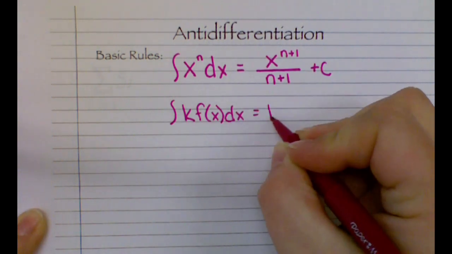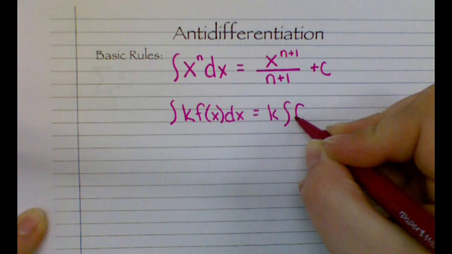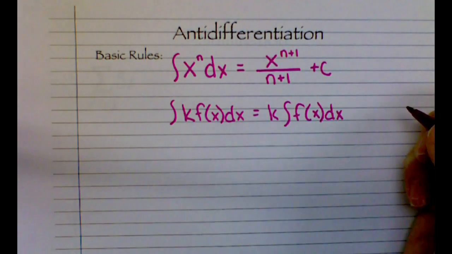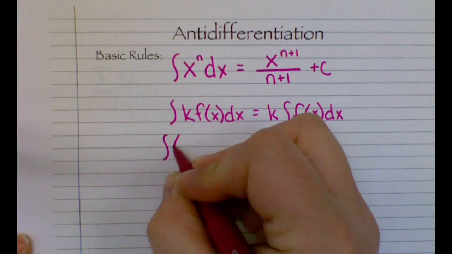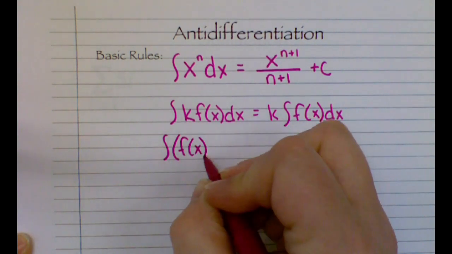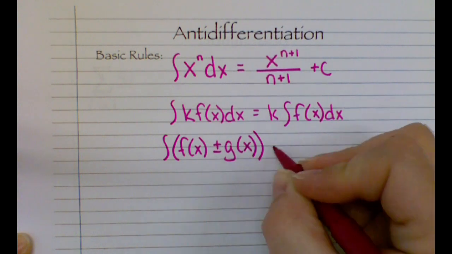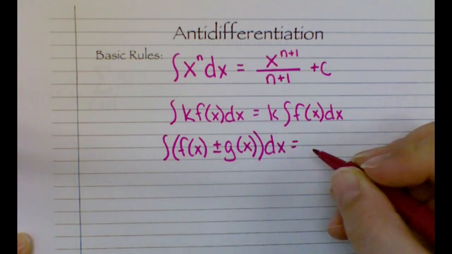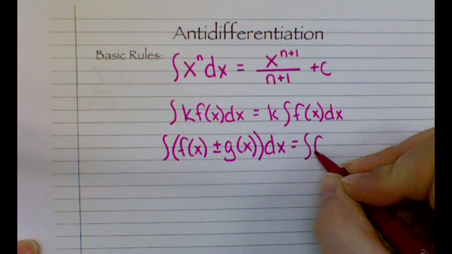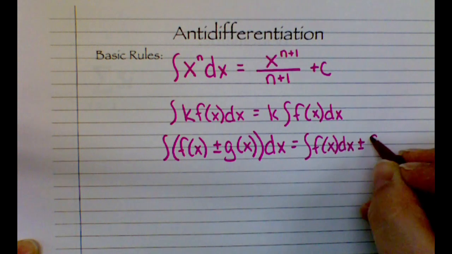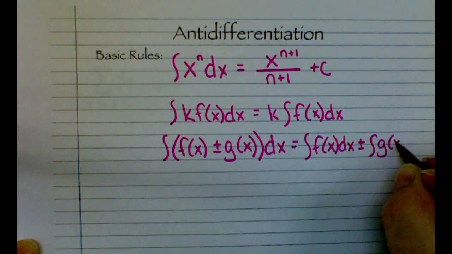Remember that you can just take that constant out front and then find the antiderivative of your function. We have the antiderivative of a sum or difference. You can break your antiderivative apart.